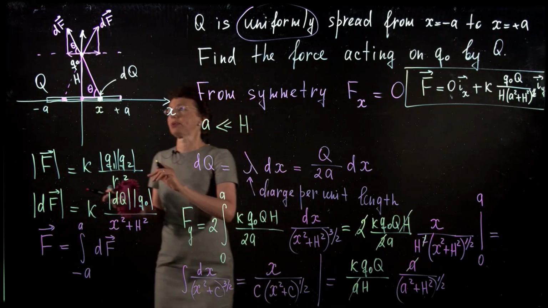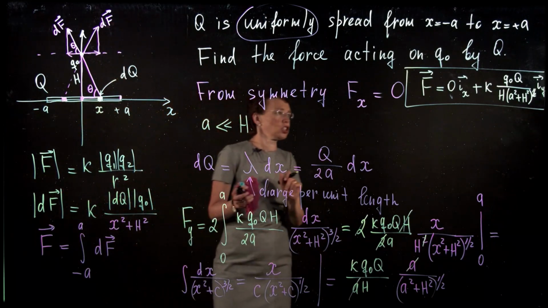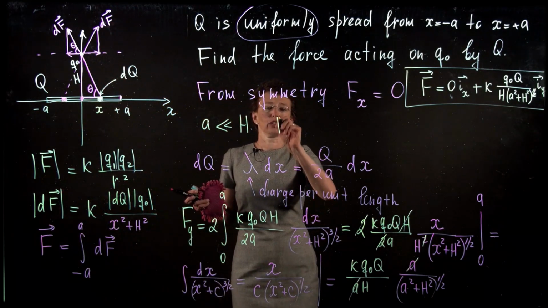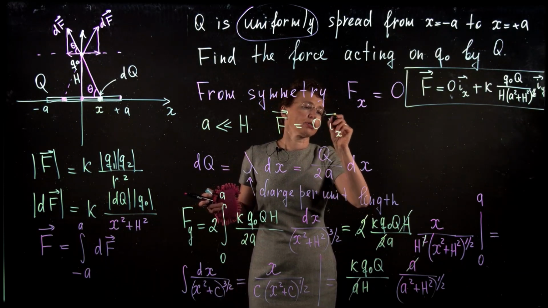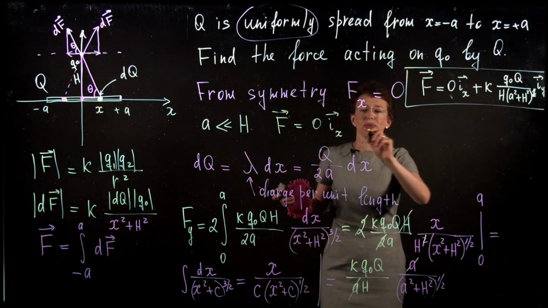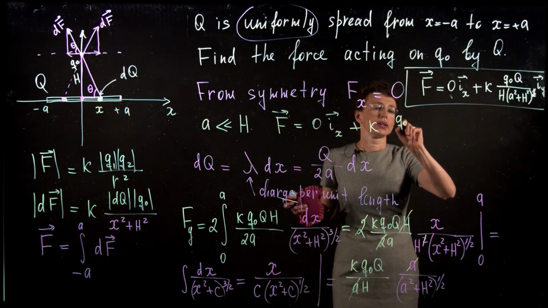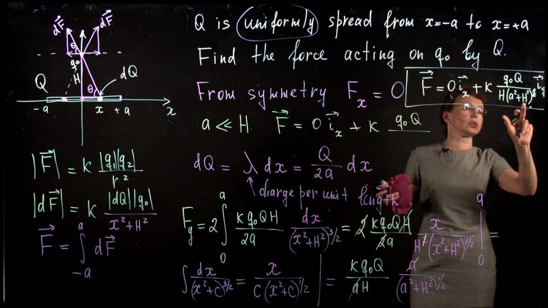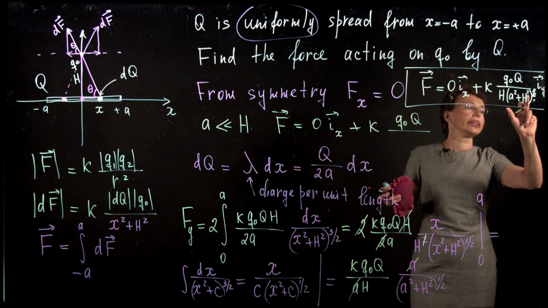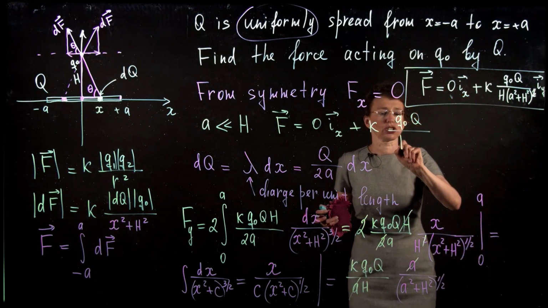Then what will happen? So q naught will be far away from this charge q, and the net force F will still have 0 x component, and the y component will be k q naught q divided by, a is small in comparison with h, we neglect it, then h squared to the 1/2 gives me h times h, which is h squared.